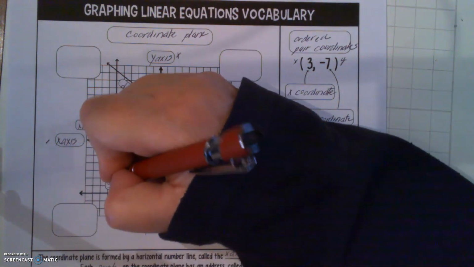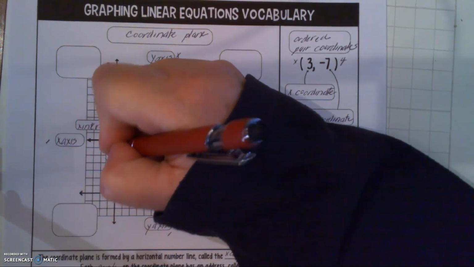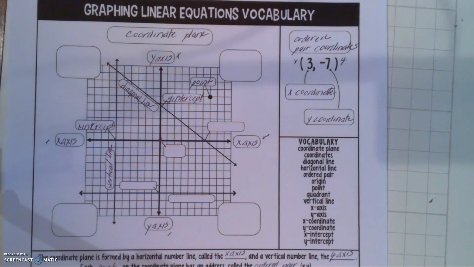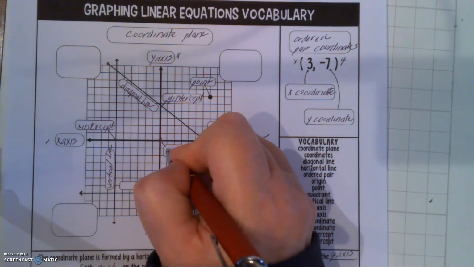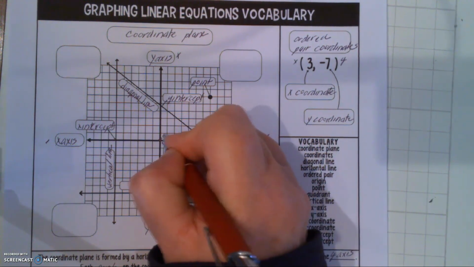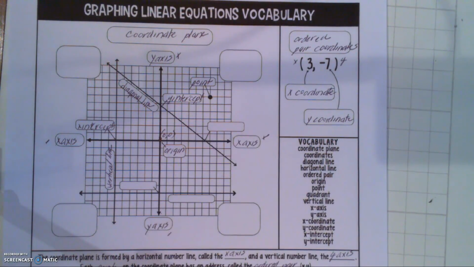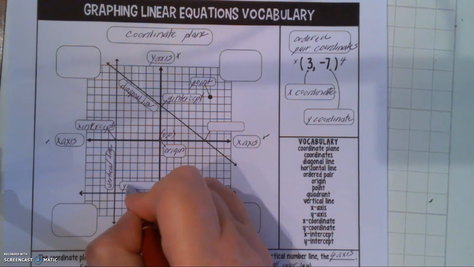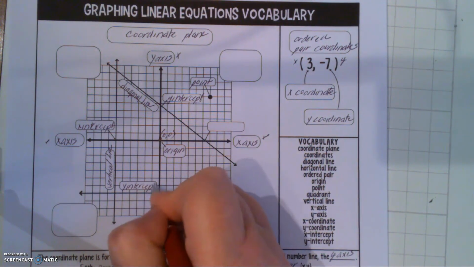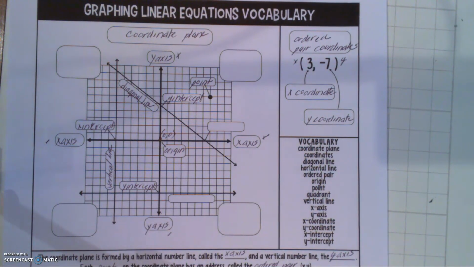This is a vertical line. Remember, this is the (0, 0), the origin. Okay? This is the y-intercept. And again, that's another term. The y-intercept and the x-intercept we will go more fully in depth.